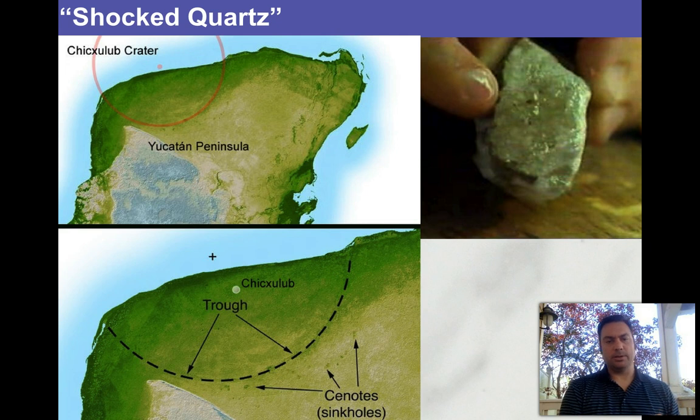So the interpretation by a lot of geologists and paleontologists, for that matter, is that Chicxulub's event, which generated this huge crater right here that extended all the way into Yucatan, if it didn't cause the extinction of the dinosaurs, it at least triggered the extinction of the dinosaurs, because within a short period of time, dinosaur remains are no longer found on Earth, and we enter the age of the Cenozoic, also known as the age of mammals. Okay, so neat stuff, and this is some shocked quartz from that event.